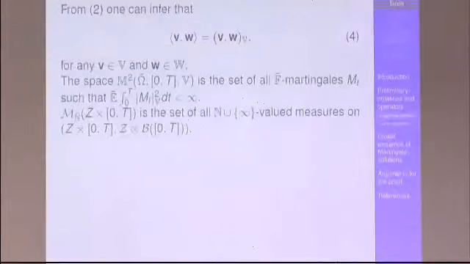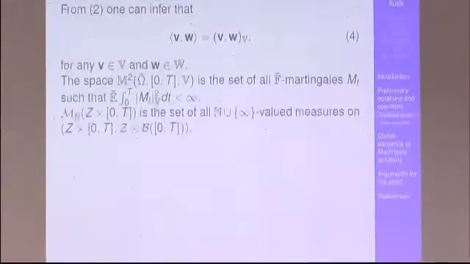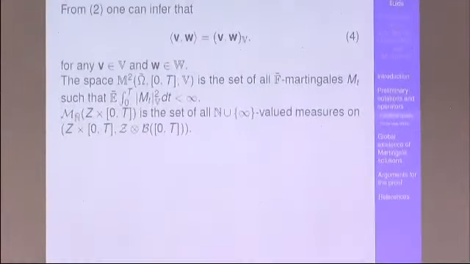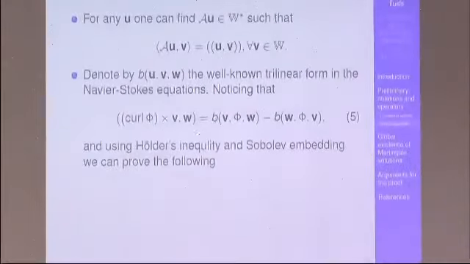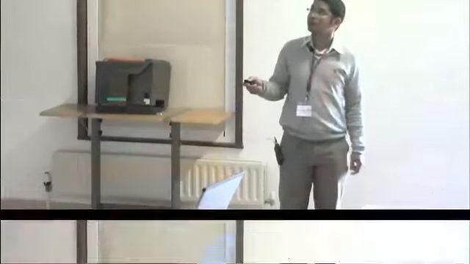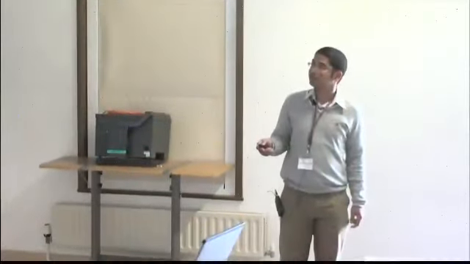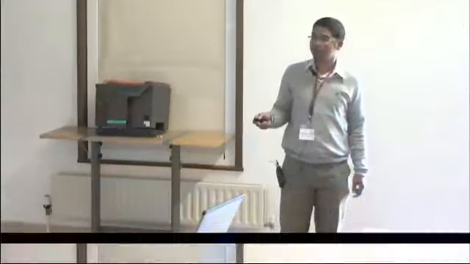On V, we assume that we have this scalar product, which is equivalent to the gradient norm. And on W, we consider this scalar product, which is equivalent to the usual H3 norm. We also note that W is compact in V.